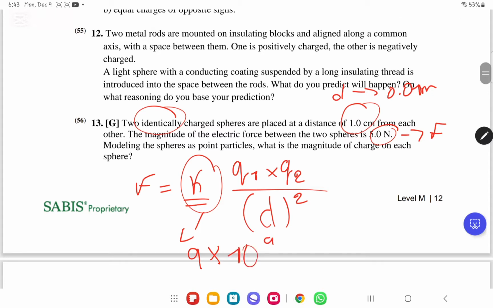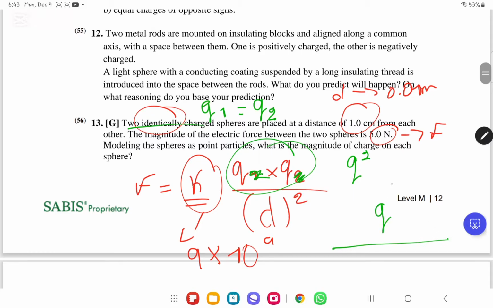Okay, so if we substitute what we have, one thing I forgot to mention is that two identically charged spheres means Q1 is equal to Q2. So it's like saying Q2 multiplied by Q2, which means it is Q squared.